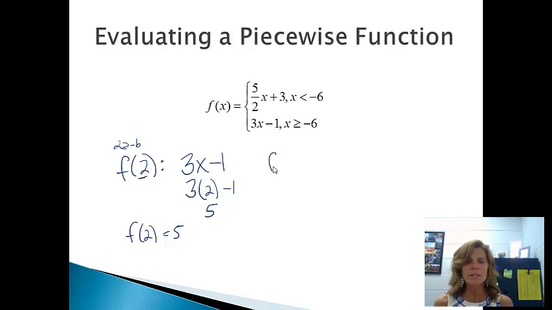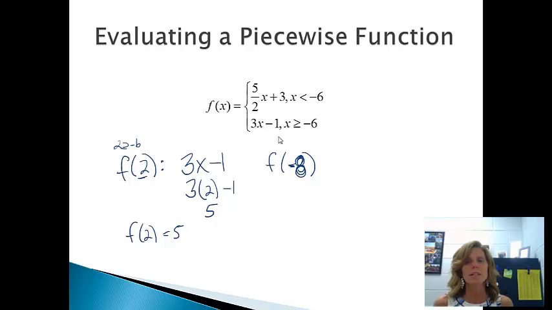And then our next example, let's say I would like to do f of -3. Okay, so we are going to, let's not do -3, let's do -8. So if I do f of -8, what we are looking for is which piece am I going to get to use? Is -8 less than -6, or is -8 greater than or equal to -6?